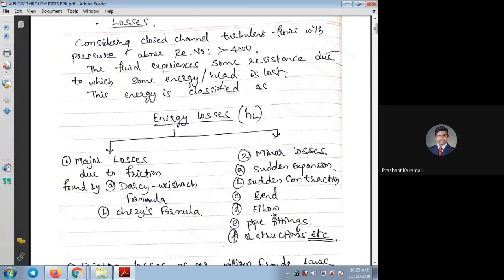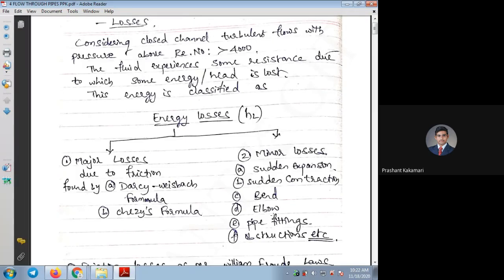In these two different experiments, in one experiment the complete length of the pipe is given, where you have to find out the major loss like friction. And in some other pipe connections, you might have seen different connections like sudden expansion, sudden contraction, bend, elbow, pipe fittings, and obstructions.